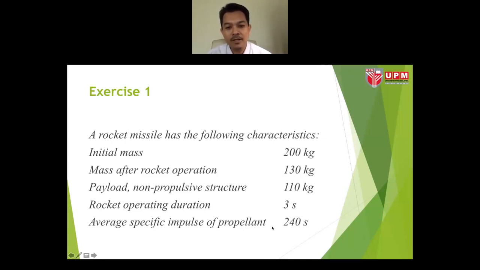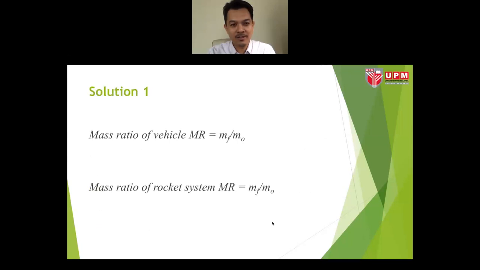The symbol is I subscript S, so IS, and it is 240 seconds. Okay, everybody got all the initial information? Shall we go to the slide? We have already calculated the mass ratio of the vehicle. Now, what is the mass ratio of the rocket system? Anybody has the answer?